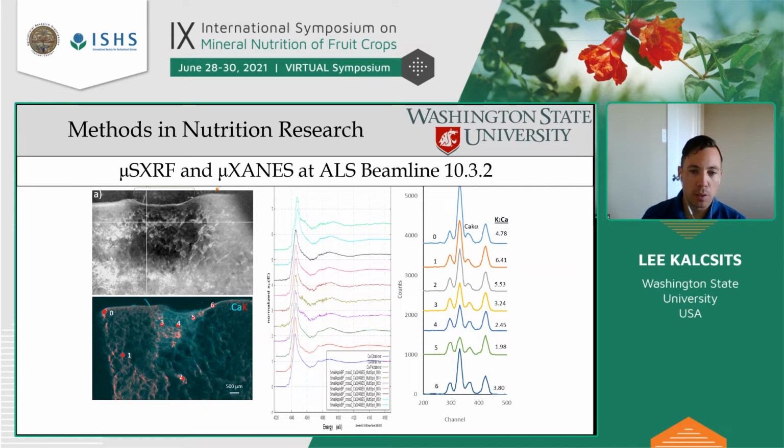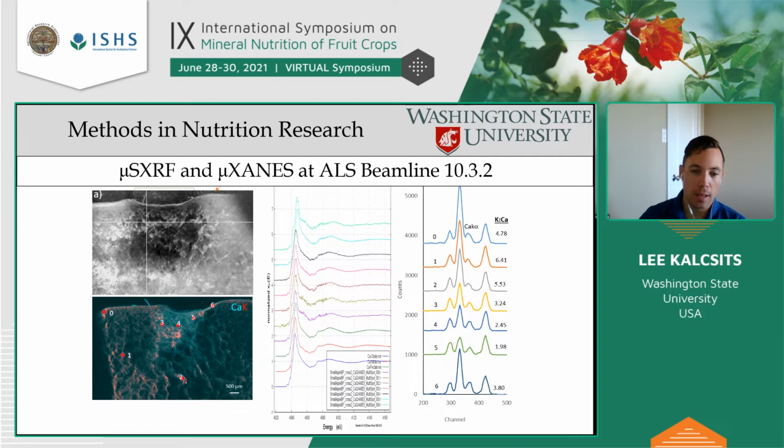We can also use a technology called microscenes, and that allows us to look at the speciation of calcium. Whether it's calcium citrate, calcium nitrate, or calcium pectate, they all fluoresce at slightly different energies and have different signatures.